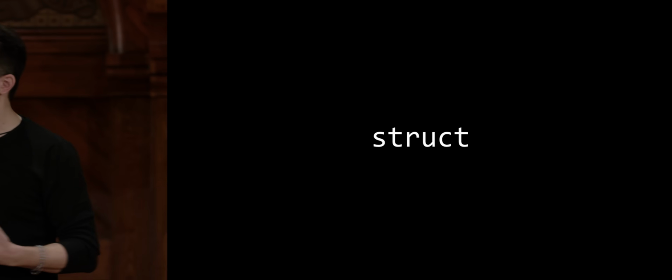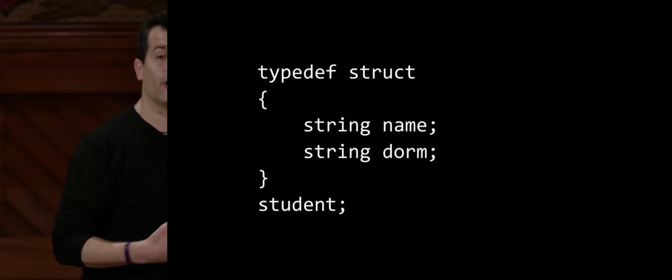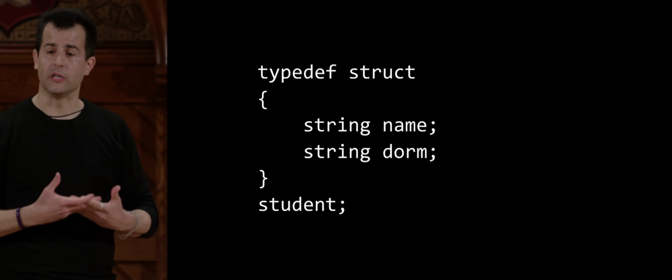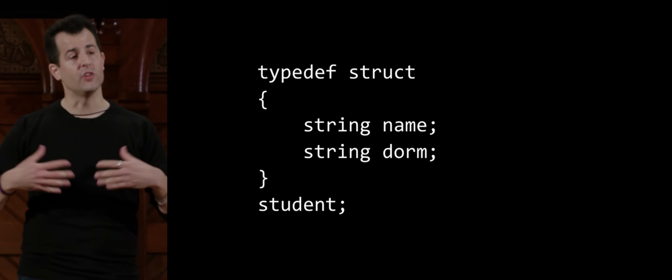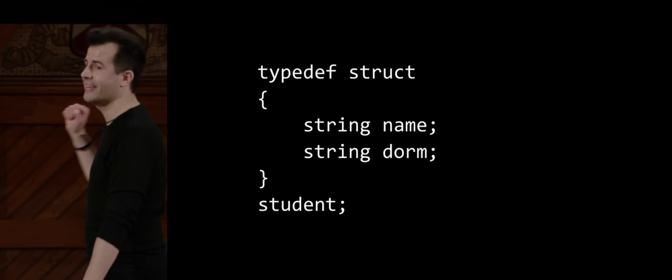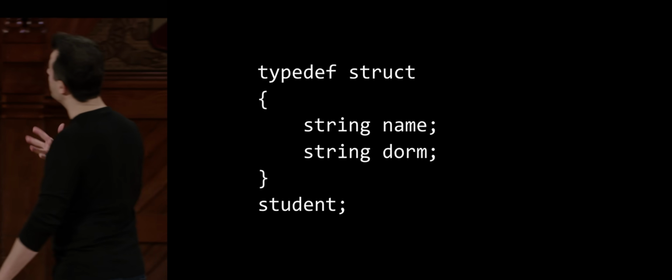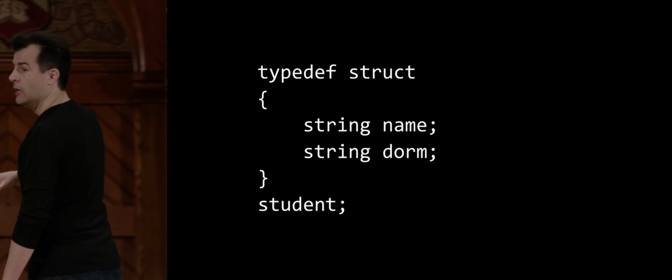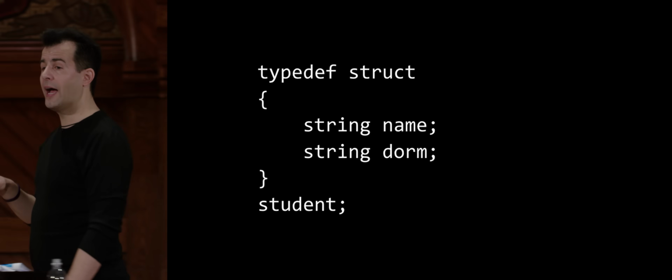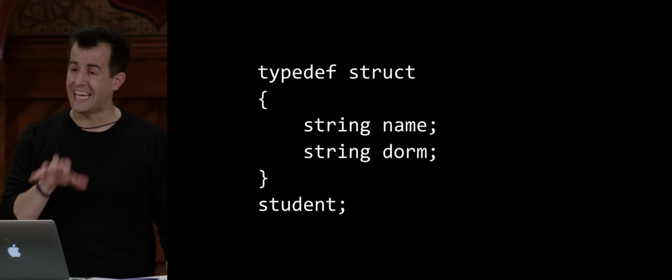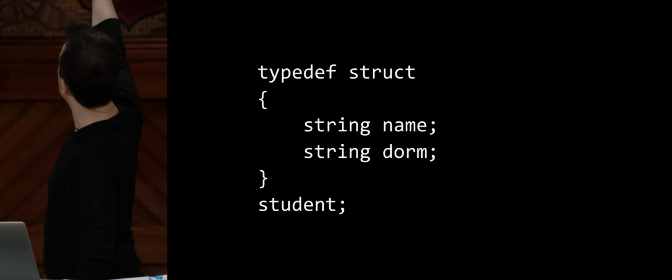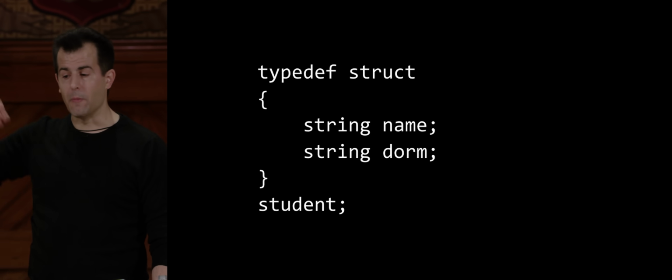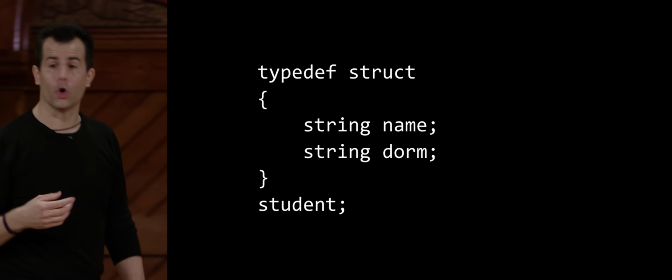But wouldn't it be nice if, implementing a piece of software that your friends can use online or that the registrar used to register students, you actually could declare your own data type called student? And indeed, you can. And over the course of this problem set and others, we'll be introduced to syntax like this. There's a keyword called typedef and struct that together let you invent, just like in Scratch, your own puzzle piece or your own data type, here called student in this case. And as you may imagine, a student might have associated with him or her a name and a dorm, and probably other fields too.